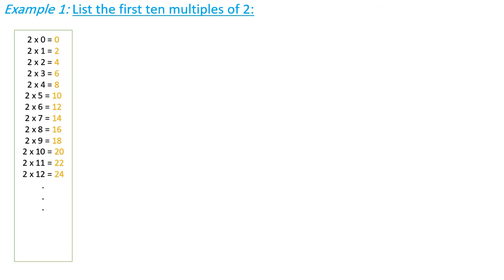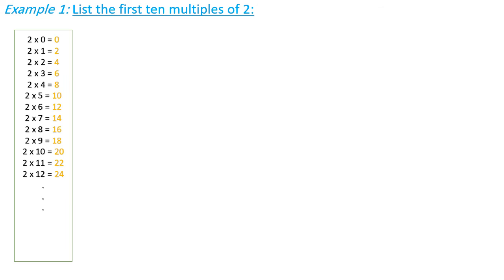What is the third multiple of 2? The third multiple of 2 is 4, etc. Now, let us find out the first 10 multiples of 2.